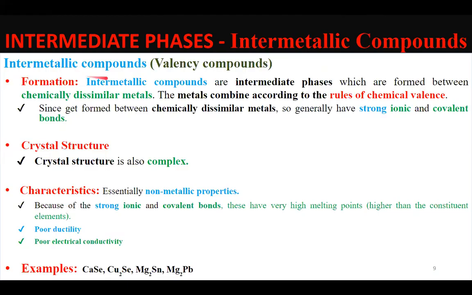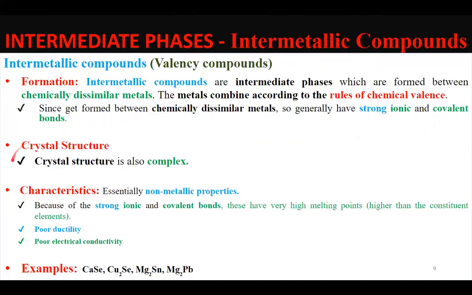Because they are chemically very dissimilar, when the excess solute comes out, taking along some of the solvent with it, these two metals that are now coming out will preferably bond with each other through an ionic compound or through a covalent compound.